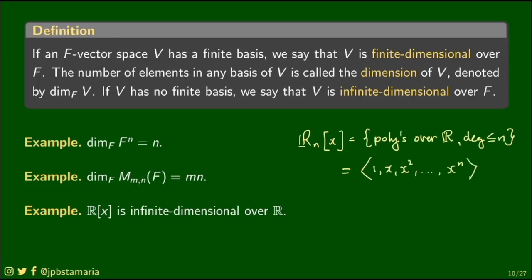In fact, this is a basis for the space Rn[x], and therefore the space Rn[x] is finite dimensional, and the dimension over R of Rn[x] has to be n plus 1, because there are n plus 1 elements in this collection.